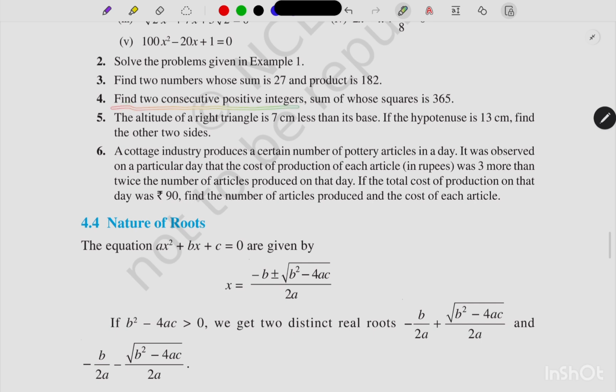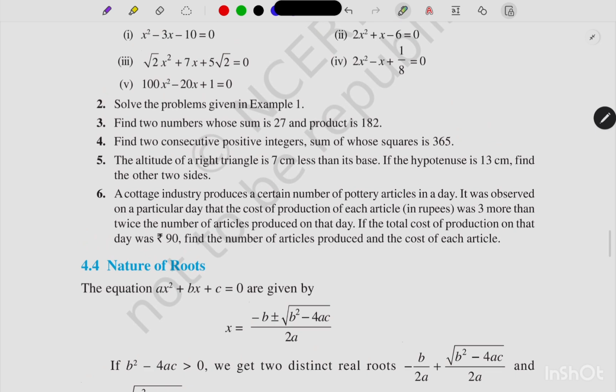Find two consecutive positive integers, sum of whose squares is 365. How do we do this? Consecutive positive integers, you can write that as x and x plus 1. So x square plus x plus 1 the whole square will give you 365 according to this equation. That is x square plus x square plus 2x plus 1 equal to 365.